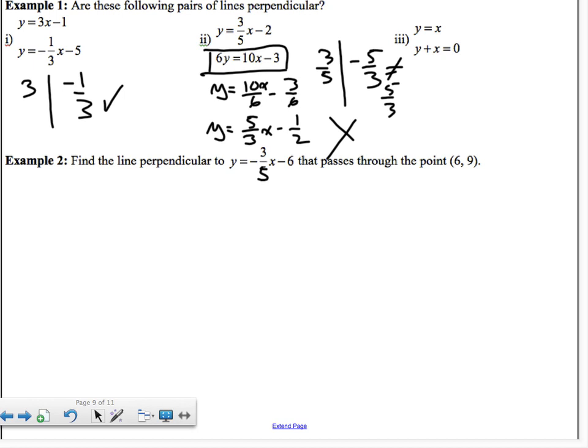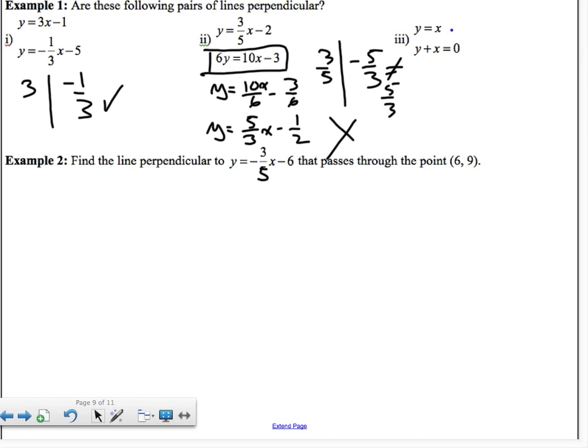So how many people say yes, they're perpendicular? Raise your hand. How many people say no? Some of us are undecided, so let's just go through the same thing.